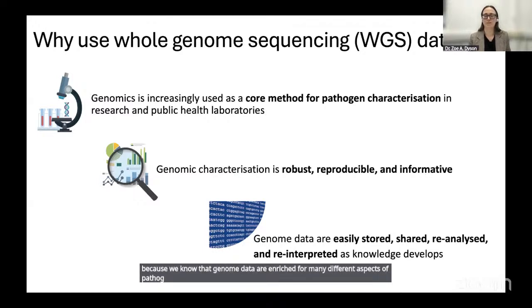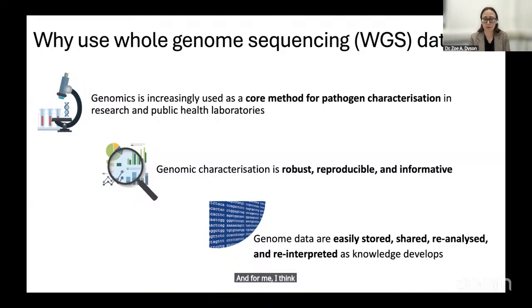We can extract information on drug resistance, pathogen virulence, and different types of lineages circulating in given settings at different scales. We can also use this genomic technology to understand pathogen transmission dynamics at different scales. And for me, one of the key benefits of working with genome data is that they're readily stored.